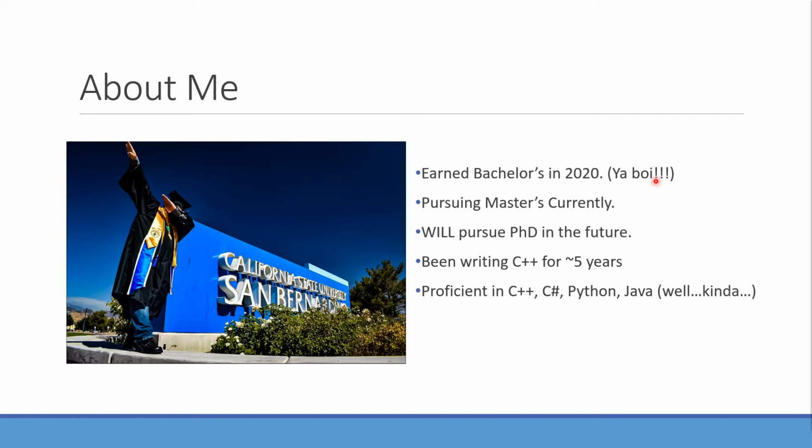Next, I just want to tell you a little bit about me. In case you didn't know, I'm a student just like you. I earned my bachelor's degree from this school in 2020, which is a terrible year to graduate, might I add. But it's fine. Nobody asked for this coronavirus pandemic to happen.